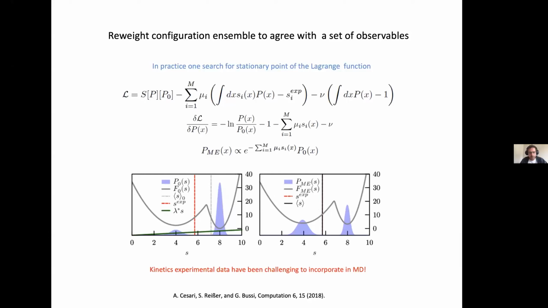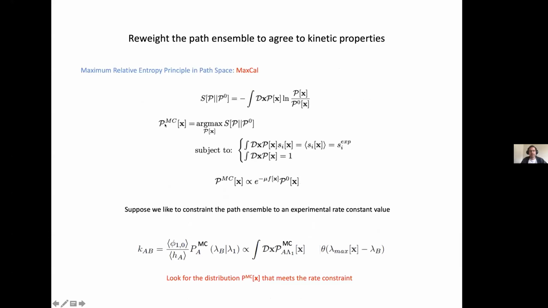We followed the same approach, but now we define our probability distribution in path space. Here it is the very same formulation, and we're using the maximum caliber. Maximum caliber is the maximum entropy principle in path space. The only difference is that we want to restrain to an experimental observable, the rate constant.